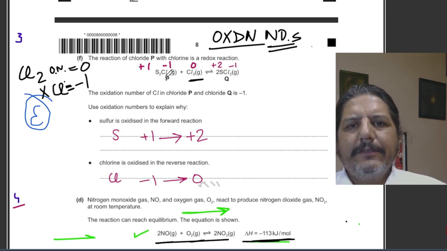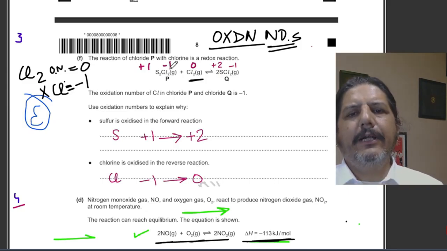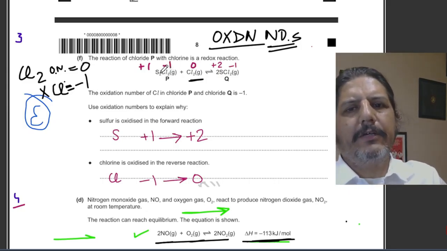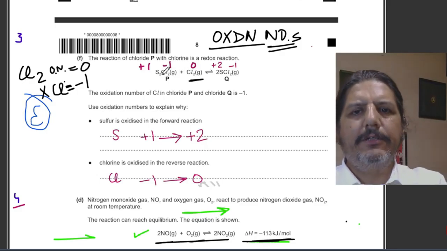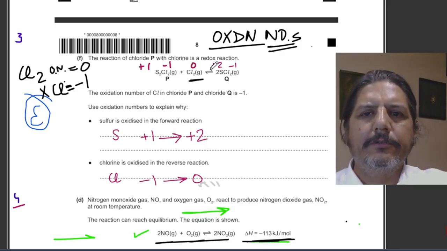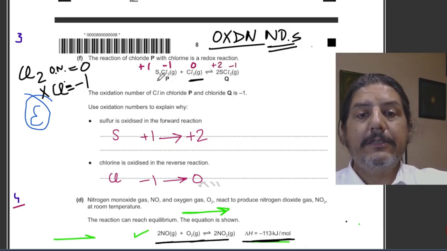So here, in S2Cl2, Cl has an oxidation number of -1 and sulfur has an oxidation number of +1. I won't be going into the details of calculating the oxidation number; I'm assuming that you know it. Here it is 0. Here chlorine remains -1 and sulfur becomes +2. So sulfur is going from +1 to +2 in the forward direction.